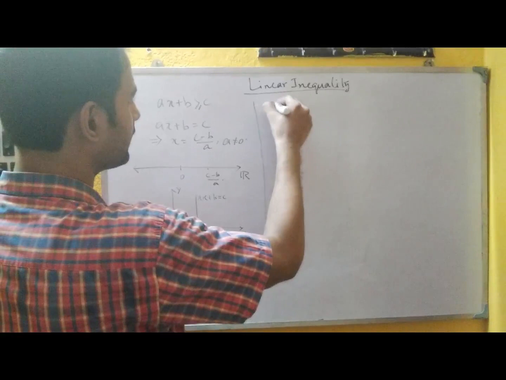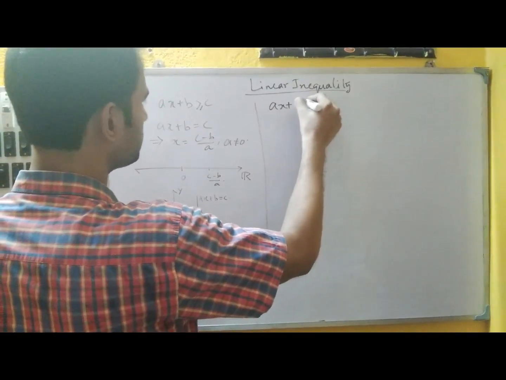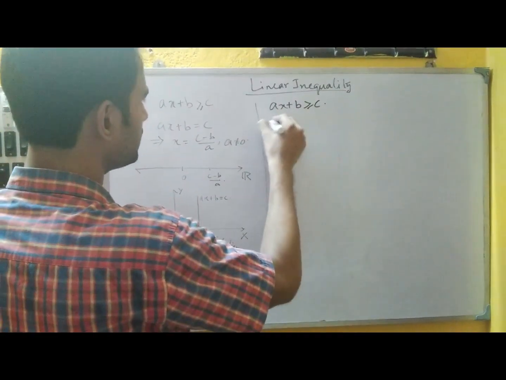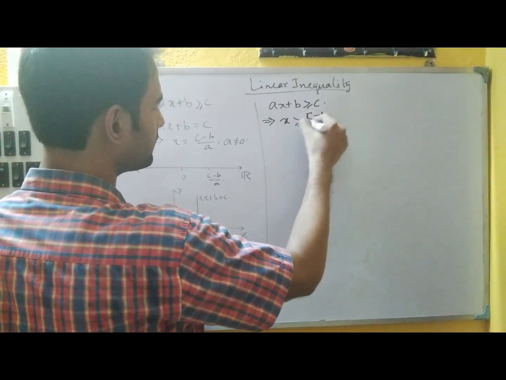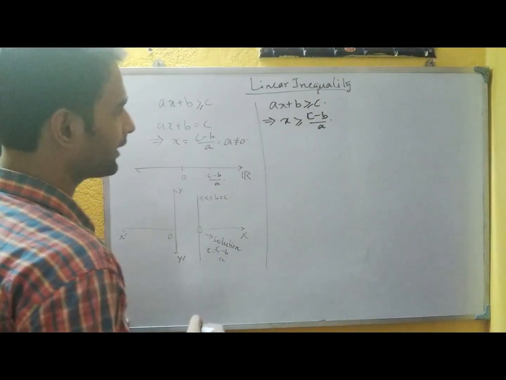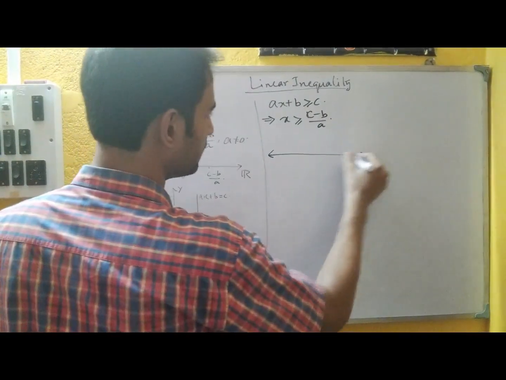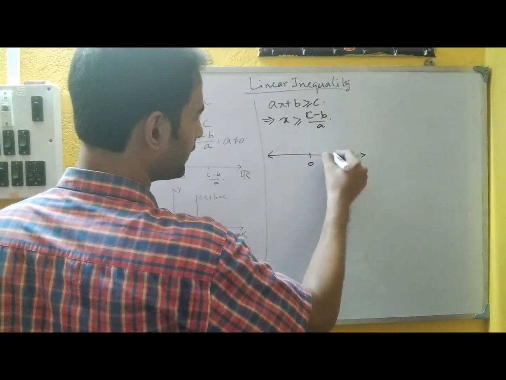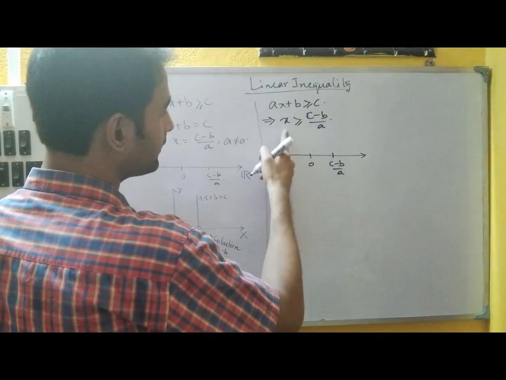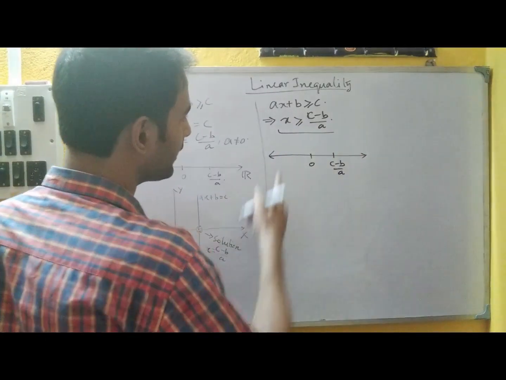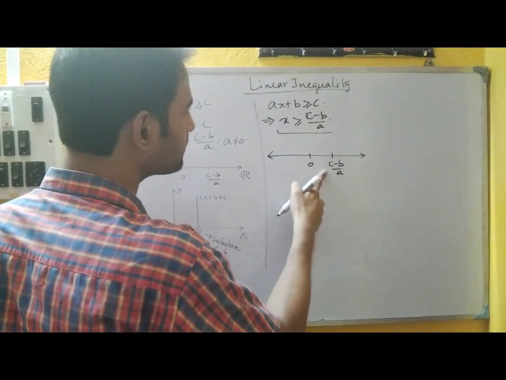So when we consider the inequation ax plus b greater than or equal to c, we see that it gives us solutions like this: x greater than or equal to c minus b by a. So in the real line, if there is 0 here and c minus b by a is this point, then the solution is saying that we have to take all those x which are greater than this point.